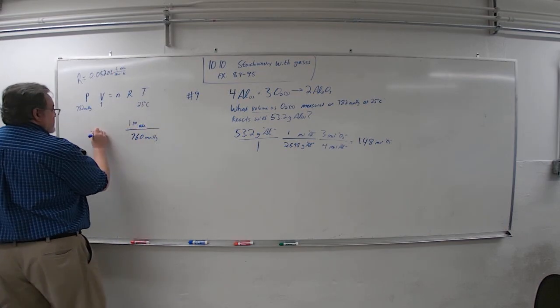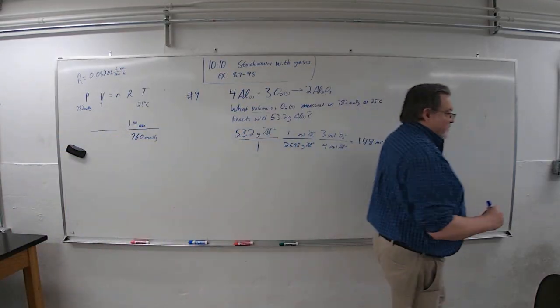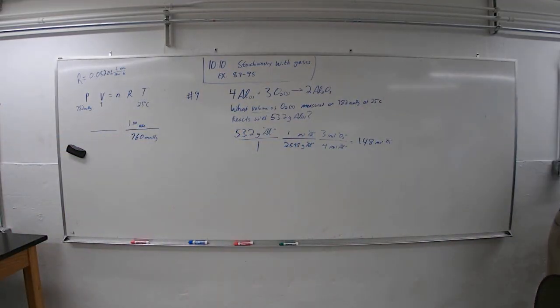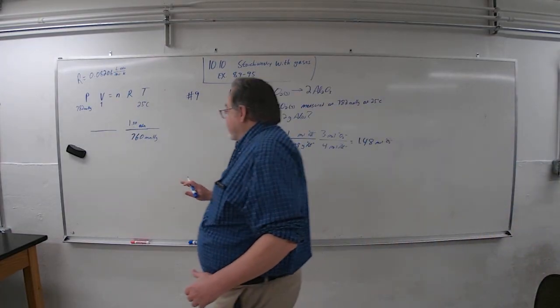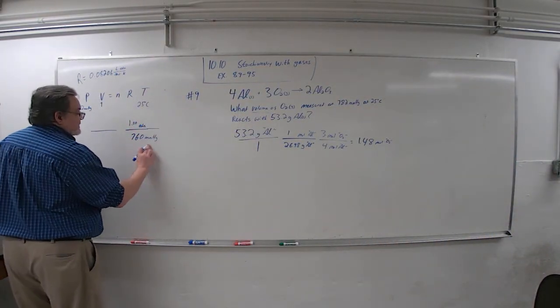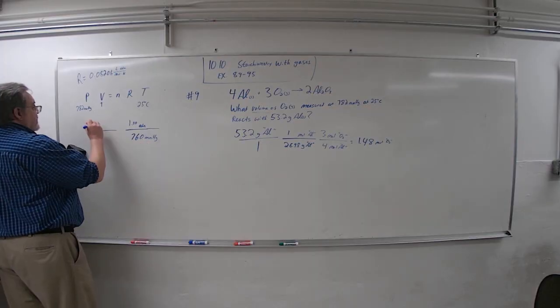So there's your conversion factor. 1 atmosphere is 760 millimeters of mercury.